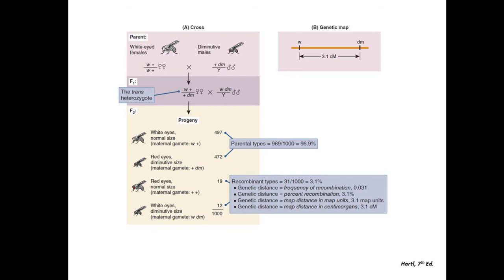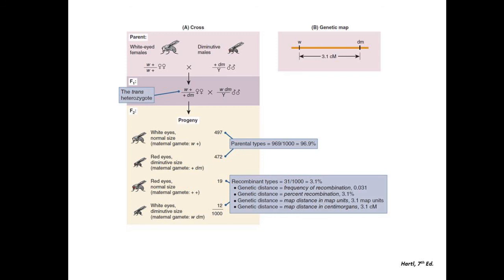So 96.9% are the non-recombinant type, or the parental type, and 31 individuals out of 1,000 are recombinant type or the non-parental type. So something new has come up. Okay, so the percentage is 3.1%.